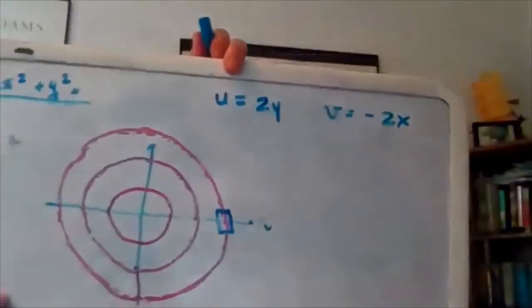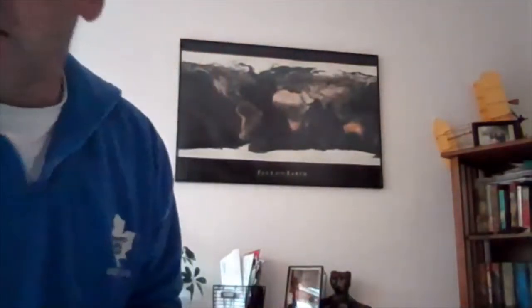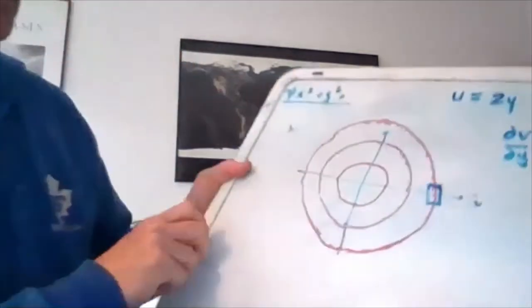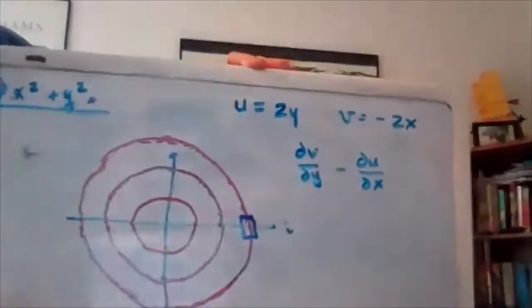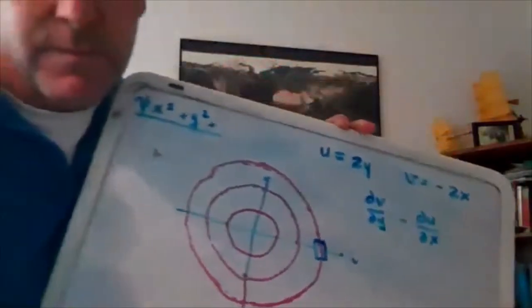All right, and then how about rotation? In that case, actually, we do cross derivatives when we do rotation. So we're going to do dv dx minus du dy, and that is going to end up giving us the rotation.